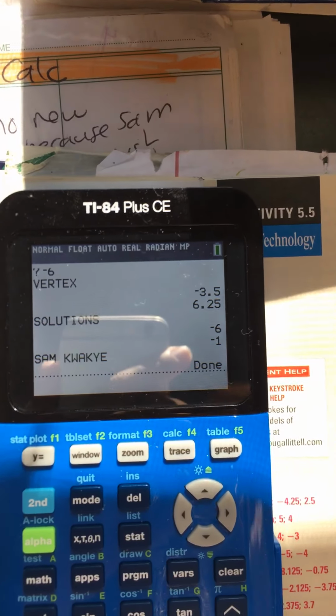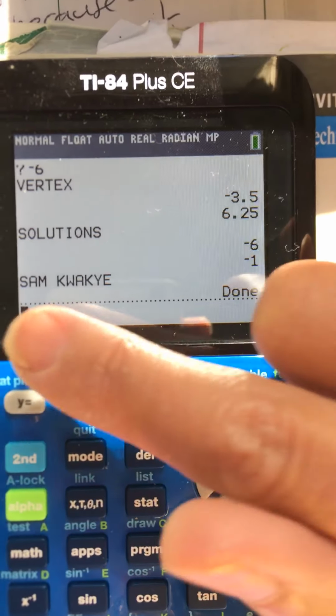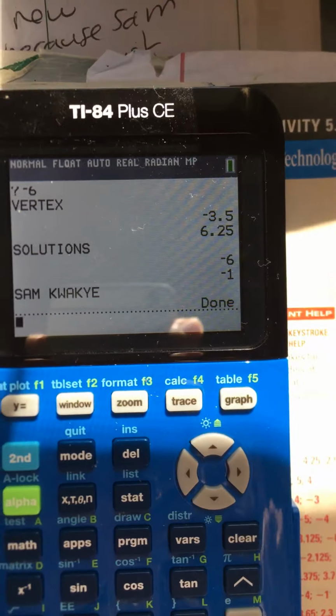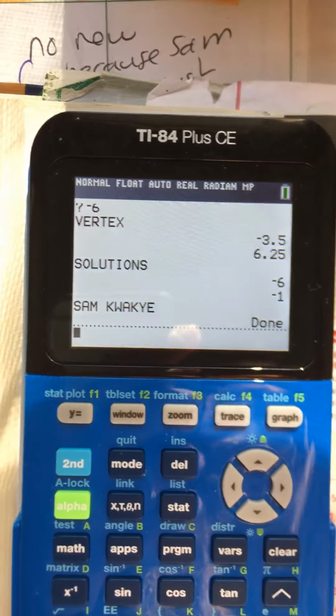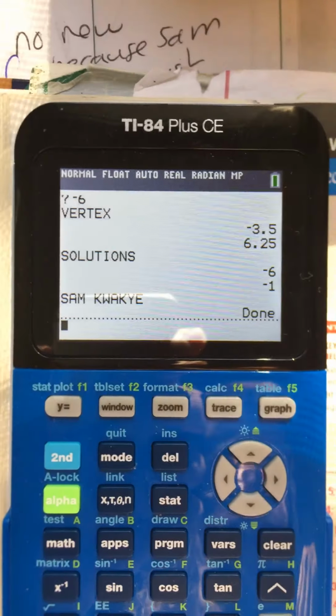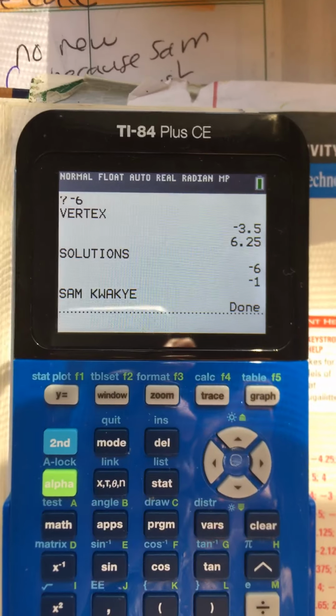So that's the X and that's the Y. And it also tells me the solutions. And that's the guy who wrote the program, Sam Quachi. He was my son's teacher in college who gave him this program. It's a good one. So if you have a program, you can use that also for the vertex or the maximum or the minimum.